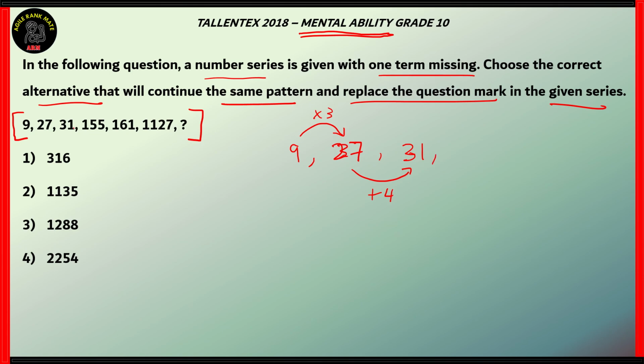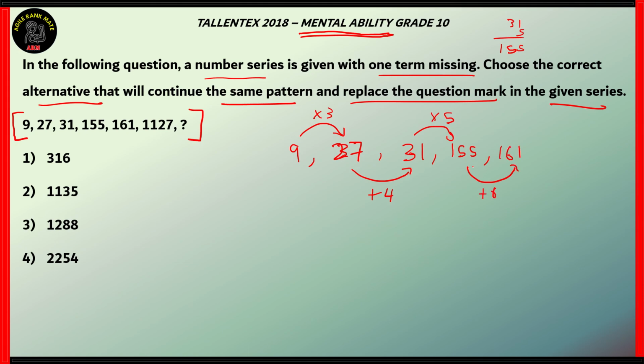If you look at 31 and 155, 30 times 5 is 150. So therefore, 31 times 5, if you were ever to multiply that, you would get 155. So therefore, 155 is actually 31 times 5. If you look at the difference between 155 and 161, this is again plus 6.